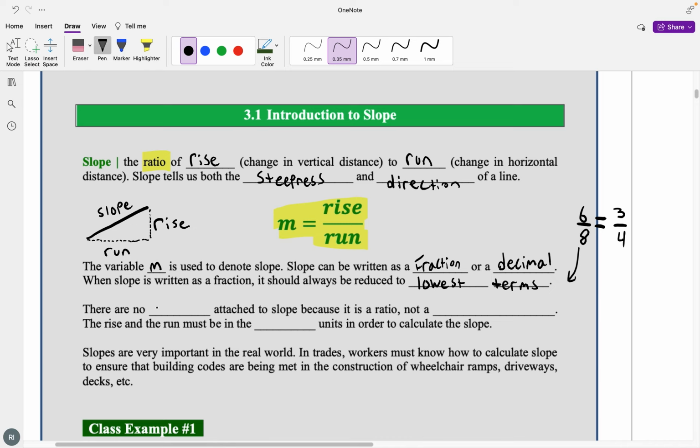There are no units attached to slope because it is a ratio, not a measurement.